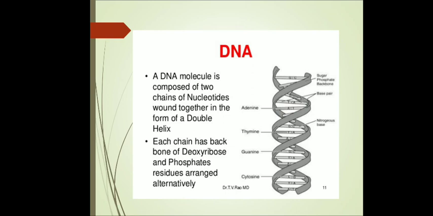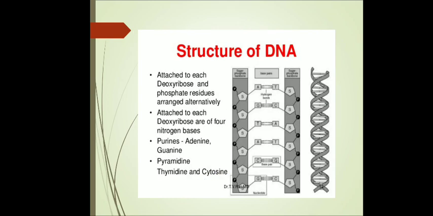Adenine is joined with the help of hydrogen bonds to thymine, and cytosine joins to guanine with the help of hydrogen bonds. The distance between two successive bases is about 3.4 angstrom units. This structure we have already studied in detail in the previous sessions.